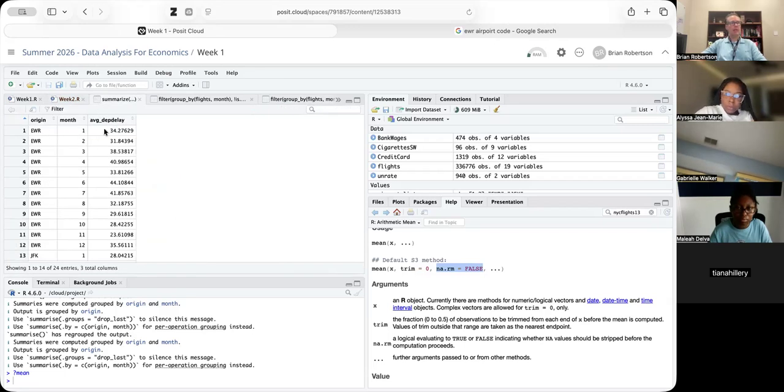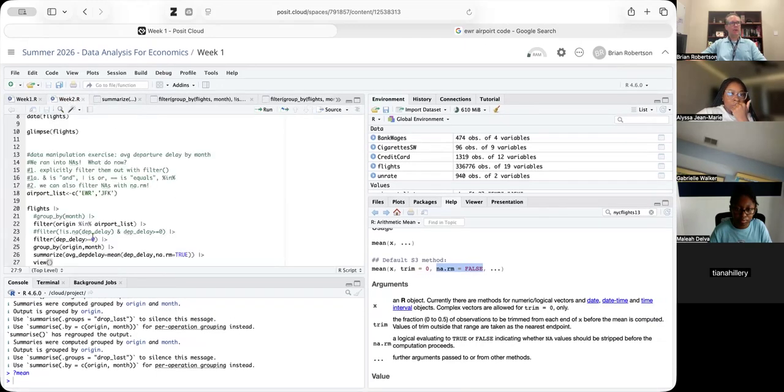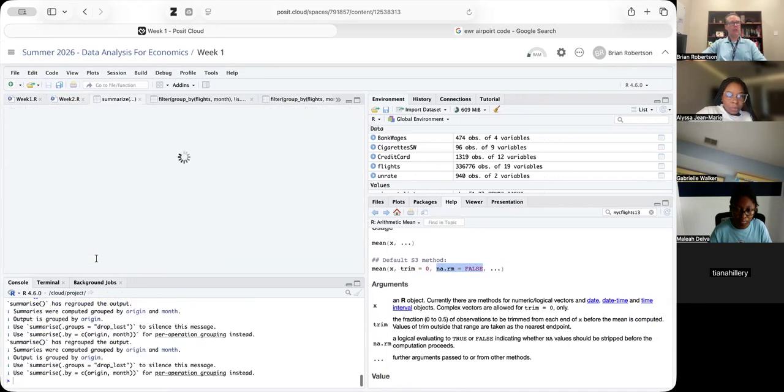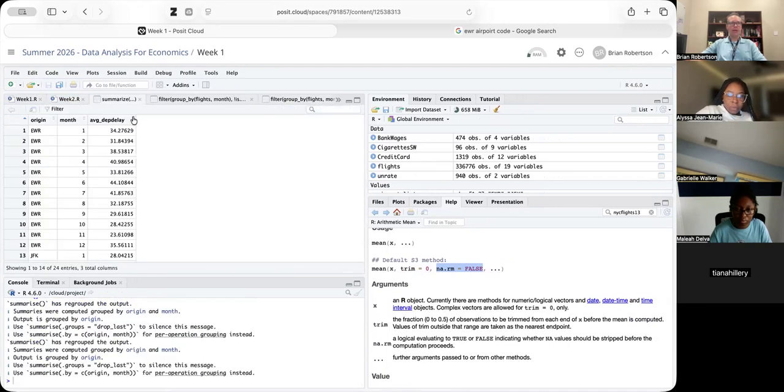This top one I get is 34.27. If I run this, I should get the same result. 34 point, exact same answers here, right? By using the na.rm flag in my function, as I did by explicitly filtering out those observations from my data set.